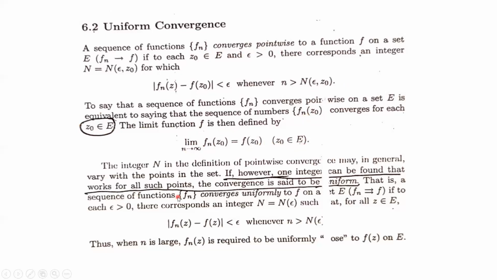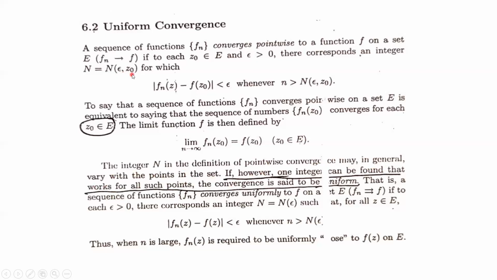Now further, to define the concept of uniform convergence, we can note that this N depends on the point at which you are checking the pointwise convergence as well as the positive epsilon. So N depends on both of these. In the case of uniform convergence, this N will be only a function of epsilon. The integer N in the definition of pointwise convergence in general varies with points in the set.